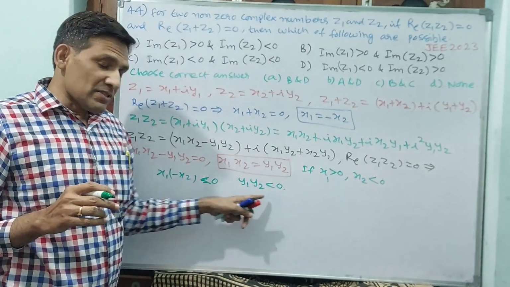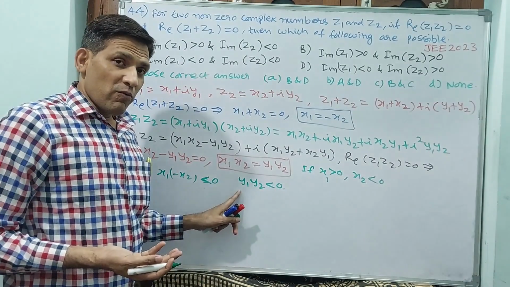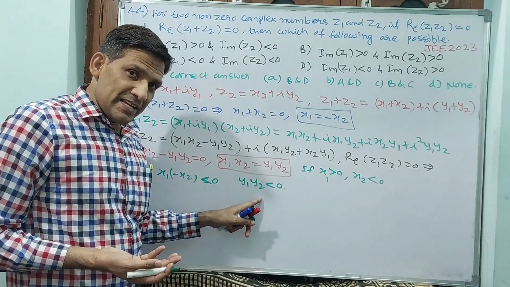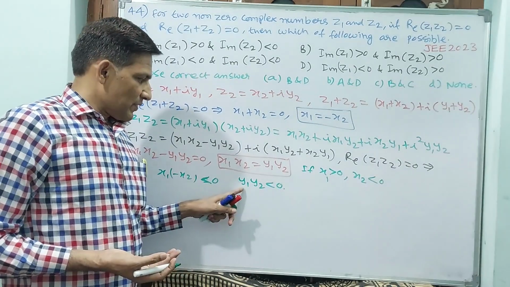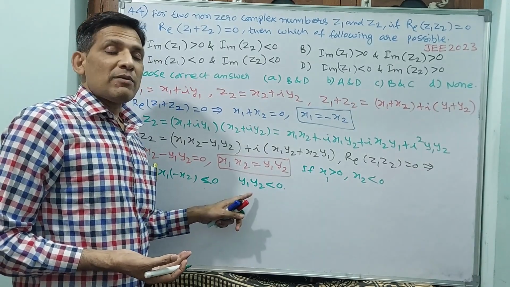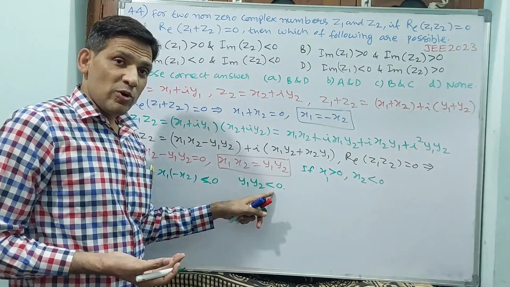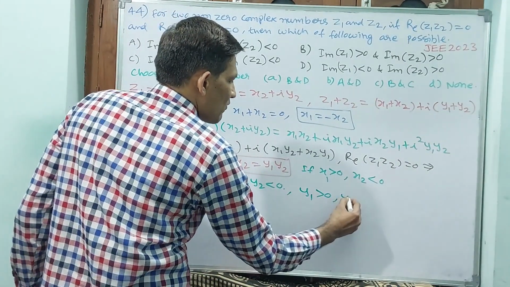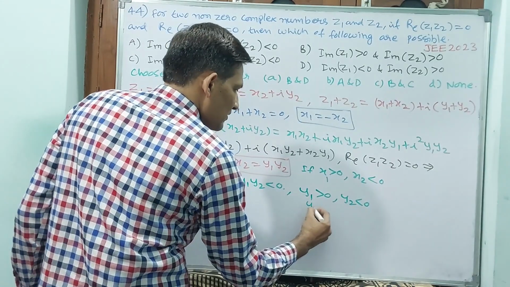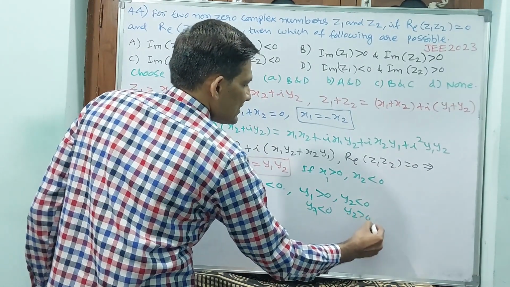Now Y1 Y2 is less than 0 means what logic you have to understand. If Y1 and Y2 both are less than 0 or both greater than 0, then Y1 Y2 would be greater than 0. But here less than 0 means Y1 is greater than 0 and Y2 is less than 0, or else Y1 is less than 0 and Y2 is greater than 0.